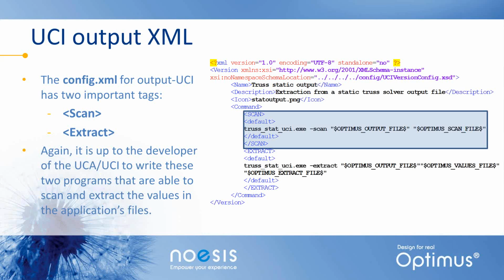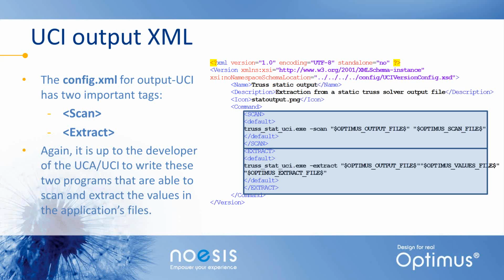Now we have two different commands, one for the scan again, and one for the extract. As in the input, the scan is used at the level of the graphical user interface. Anytime you load an output file, it is scanning, looking at what you have in the output file and listing it in the graphical user interface.